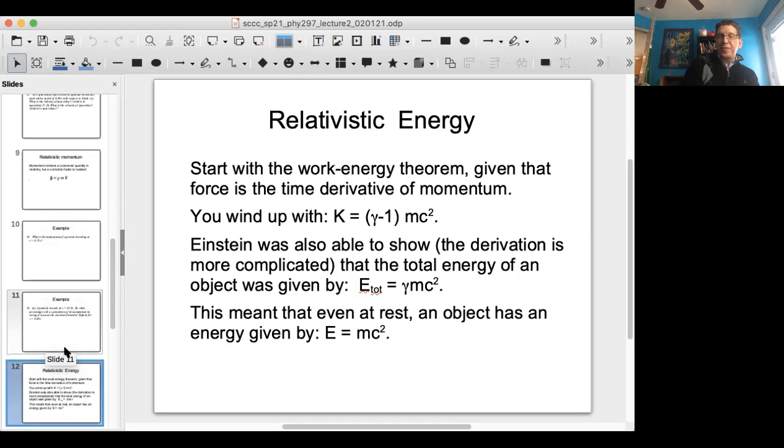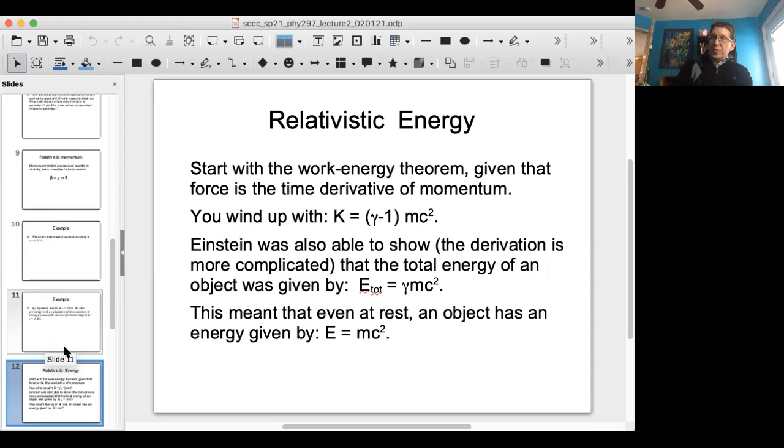You can derive the equation for the kinetic energy, and it equals gamma minus 1 times mc squared. And as it turns out, and this was something else that Einstein figured out, if you have a photon that moves from point A to point B in an object, assuming momentum is conserved, the object is going to move a little bit.